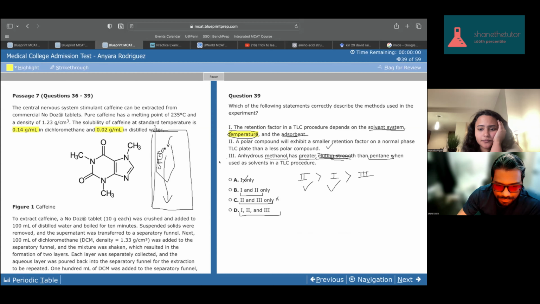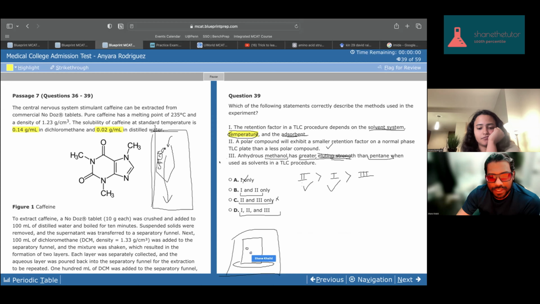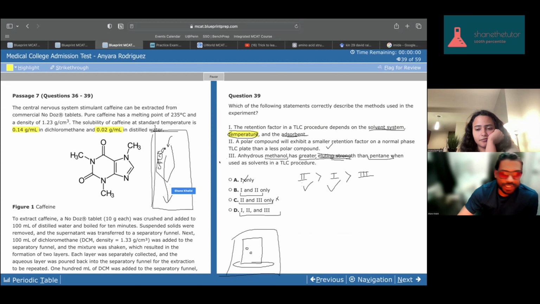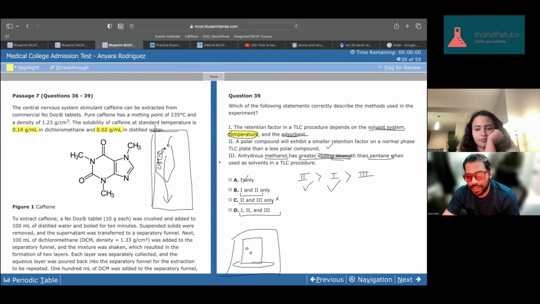But in thin layer chromatography, we don't really have that. We're not separating the things bound to the plate from the mobile phase like we are over here. So elution would mean something similar, but it won't be exact.